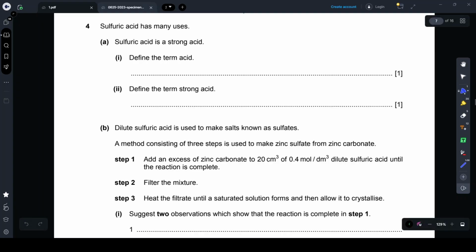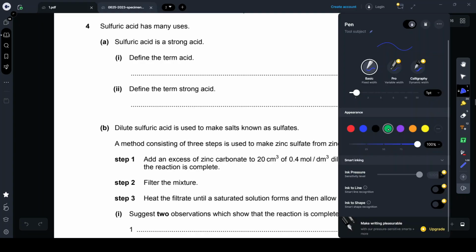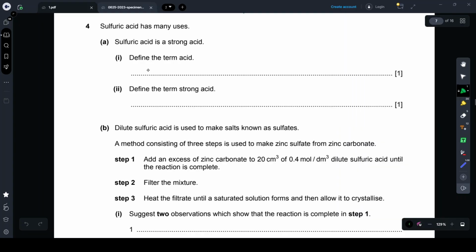Right, so just get my green ink over here. So a proton donor. And define the term strong acid.